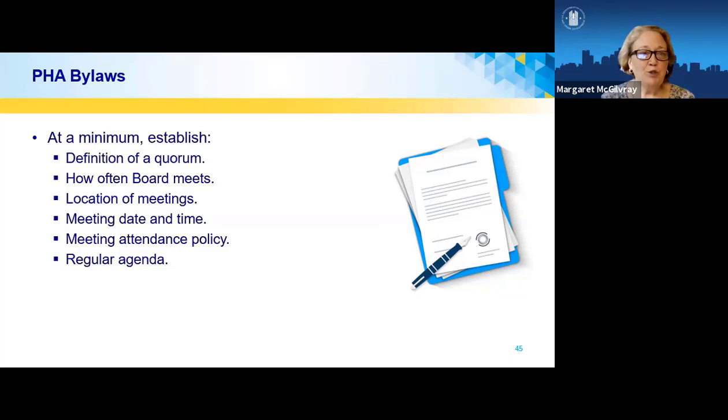So how many people do you need in order to make votes and have active decision making? They also need to specify how often and when the board meets, the location of meetings, and they should also speak to attendance of board members, such as, must they attend at least 80% of the meetings or no less than 3 absences within a particular period of time. And the bylaws should also lay out the basic agenda of meetings as well.